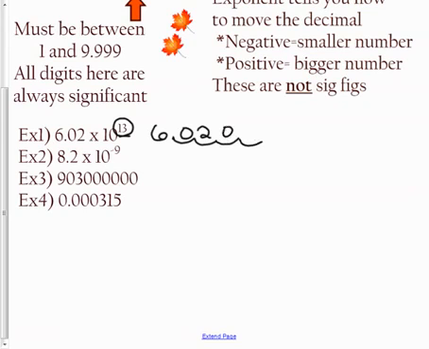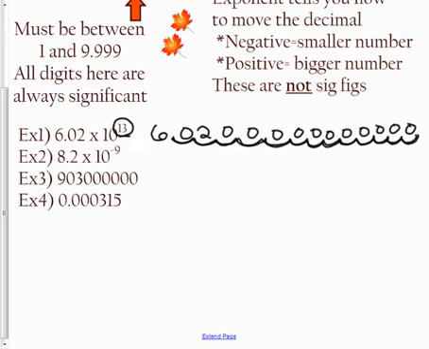So 1, 2, 3, 4, 5, 6, 7, 8, 9, 10, 11. If I count now, this decimal has traveled 13 total spaces.